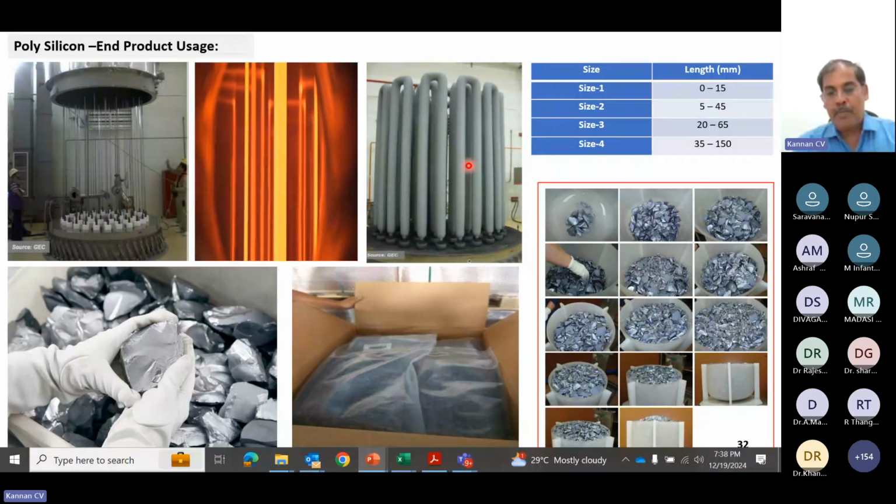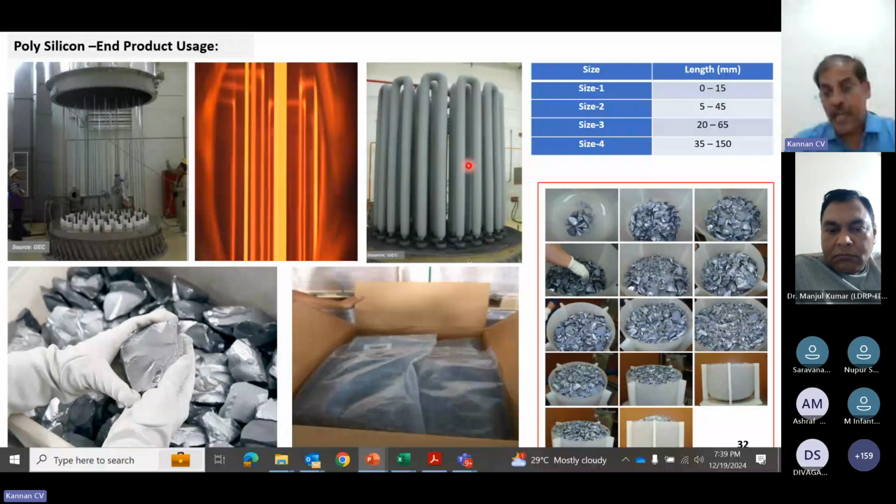So for that purpose, they use different sizes of polysilicon, and pack them into the crucible in a way that more raw material can be loaded at one time, so that the overall melt volume will be high and you can grow bigger crystals.